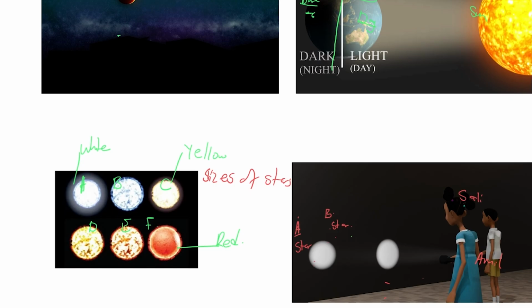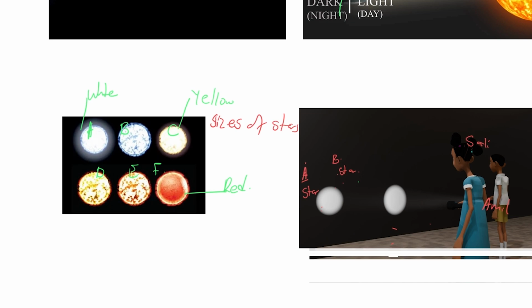Secondly, let us talk about color. I've seen stars being red, white, others are yellow, others are blue. When you look at the night sky, that is what you can observe.